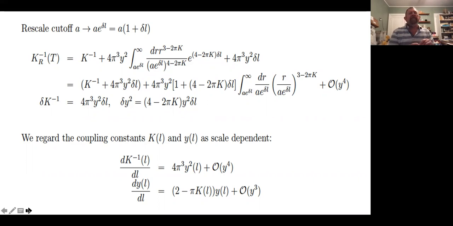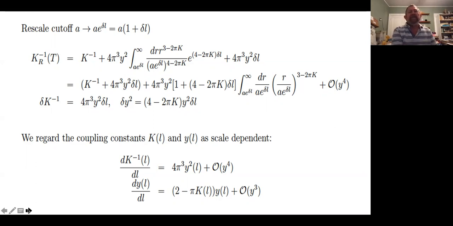Originally we had the minimum length scale in the denominator with this a to the power of 4 minus 2 pi K. So then we simply rewrite a as the new length scale, the new cutoff, a e to the delta L, to the power of 4 minus 2 pi K, then put in this factor e to the (4 minus 2 pi K) delta L to cancel out the e to the delta L to the 4 minus 2 pi K.